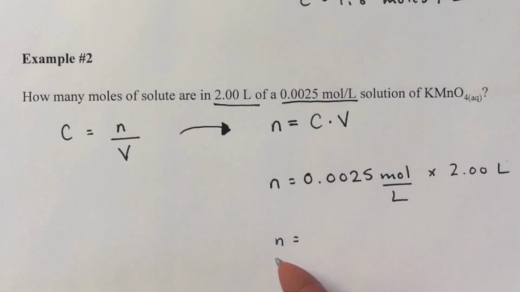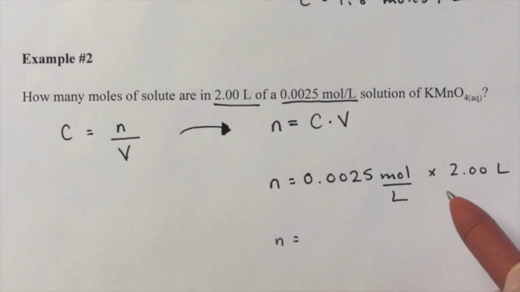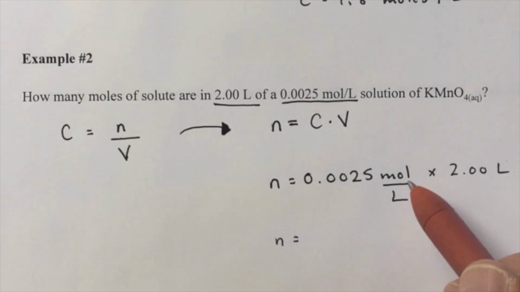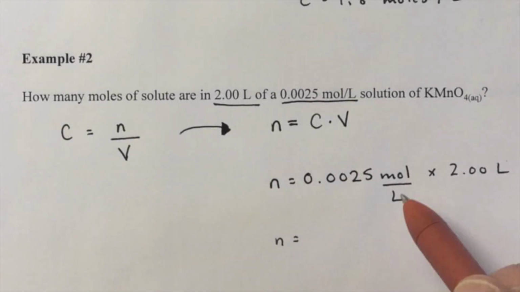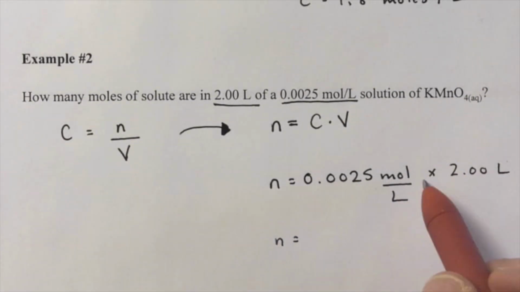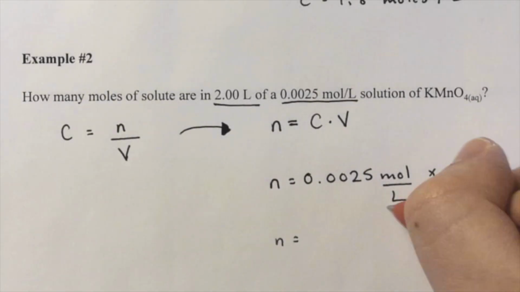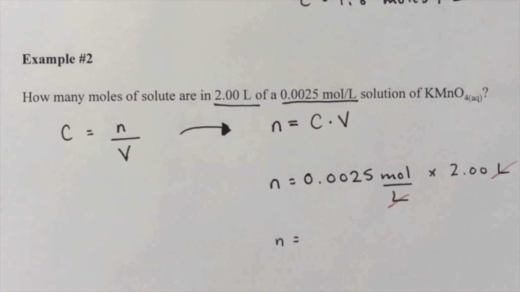My unit should be in moles because I'm calculating moles. And if I look over to the right, I've set things up here. So concentration has units of moles per liter, and volume has units of liters. So when I do this math, it's like doing moles times liters, then divided by liters. So we've got liters divided by liters in there, which really just works out to 1.